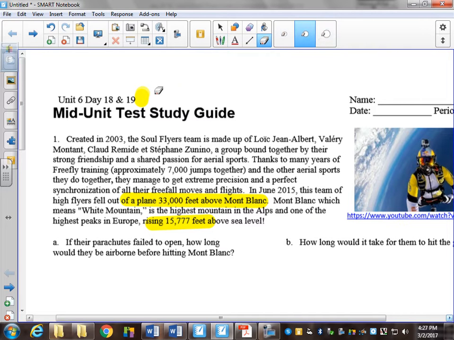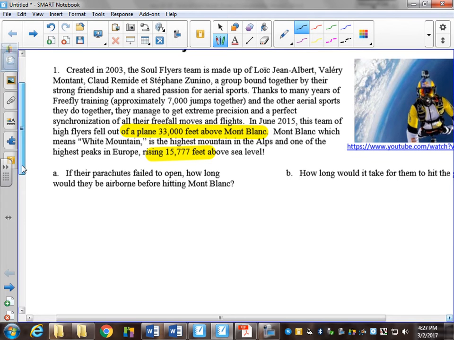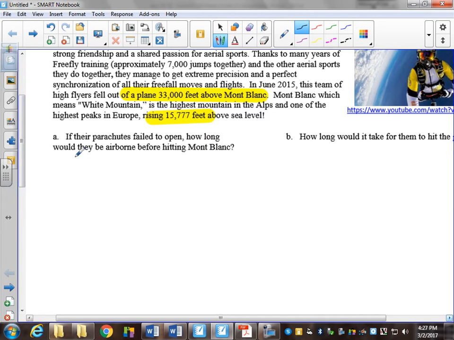Because it doesn't say the word velocity anywhere in this problem, we can immediately know this is a falling objects problem, which uses the model h of t equals negative 16 t squared plus h naught.